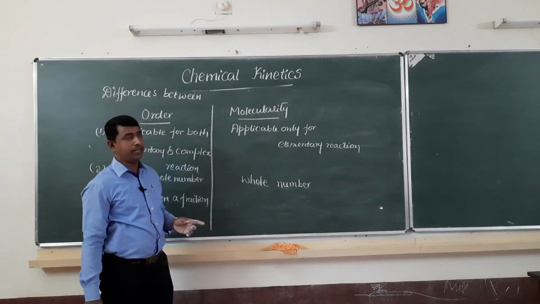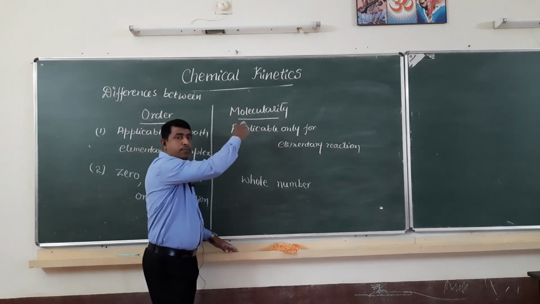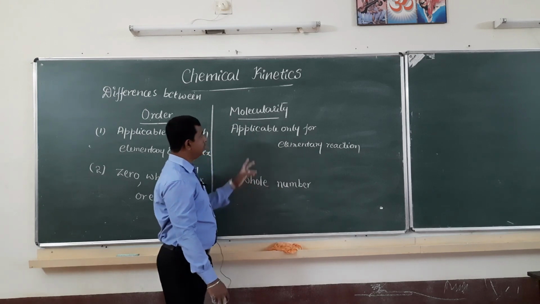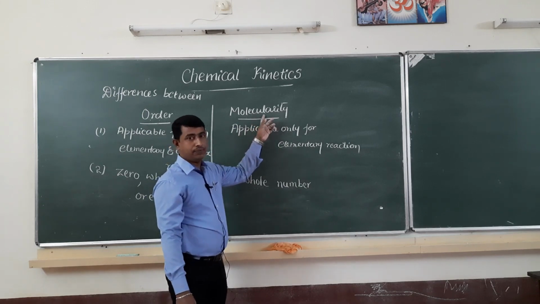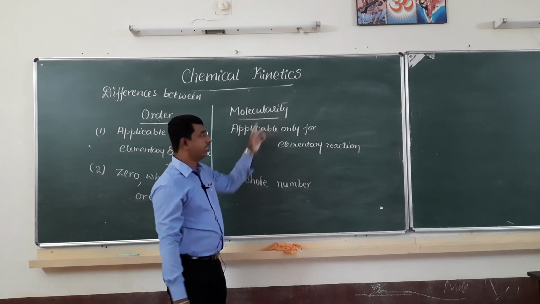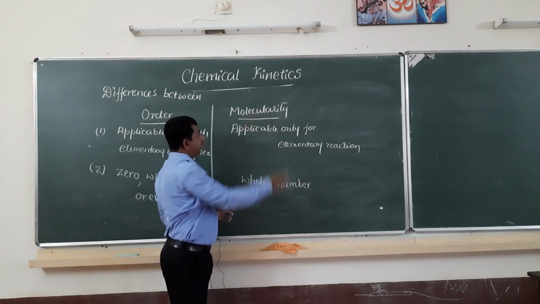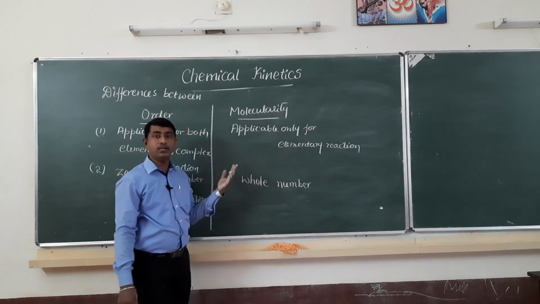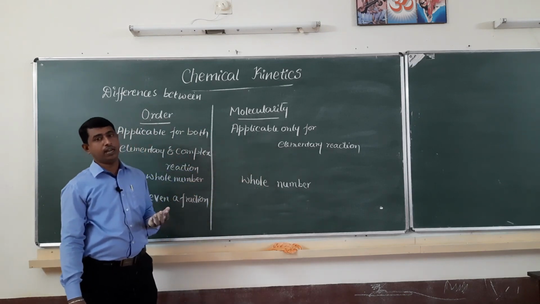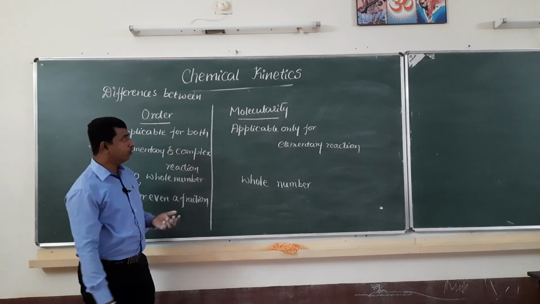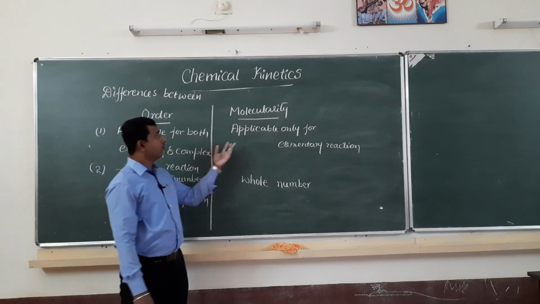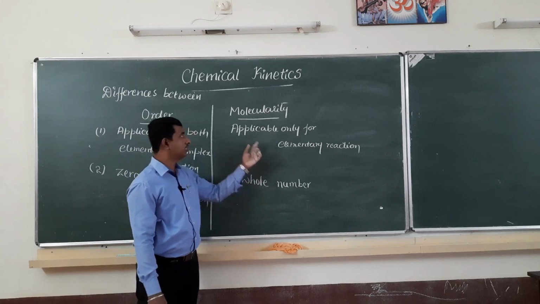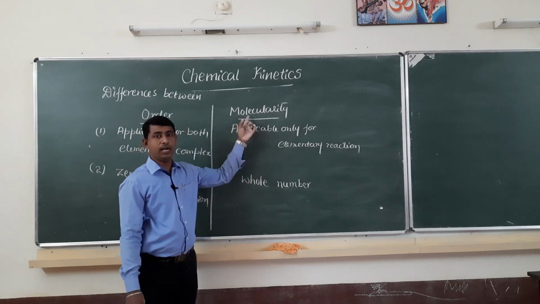Molecularity is the number of reacting species taking part in an elementary reaction in order to bring about a chemical reaction. So the number of reactant molecules participating in an elementary reaction is called molecularity.